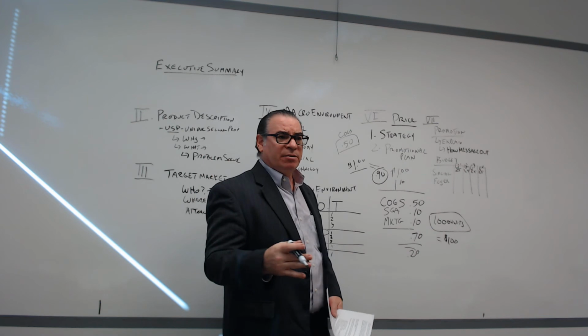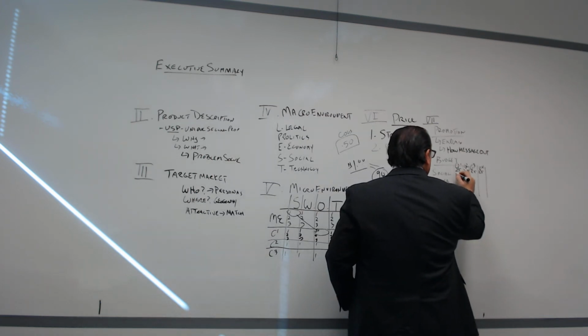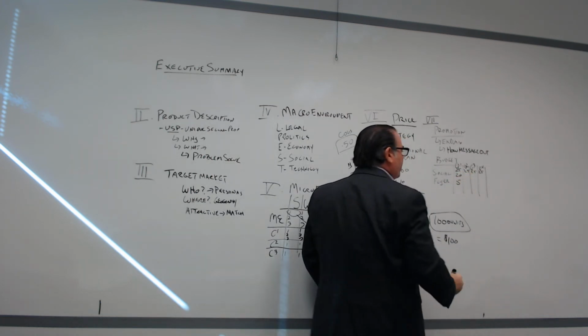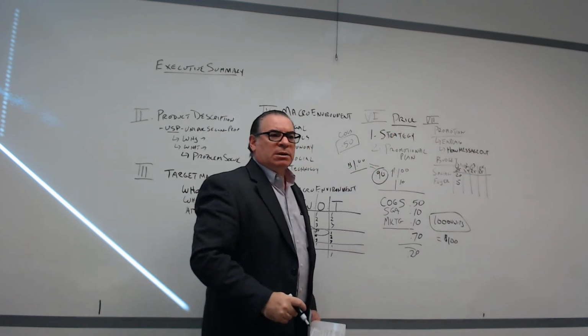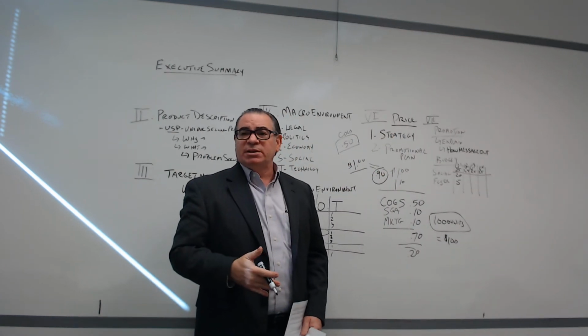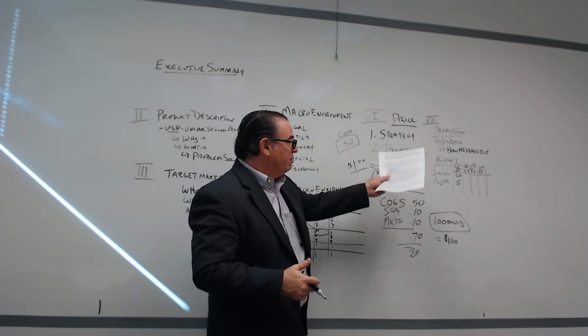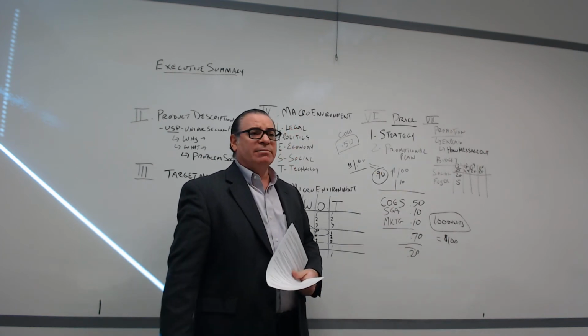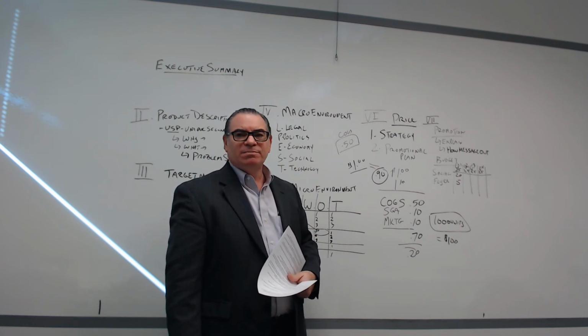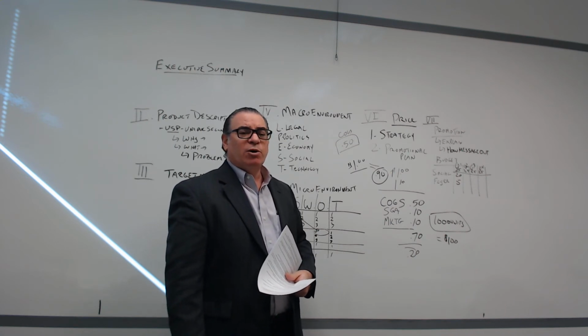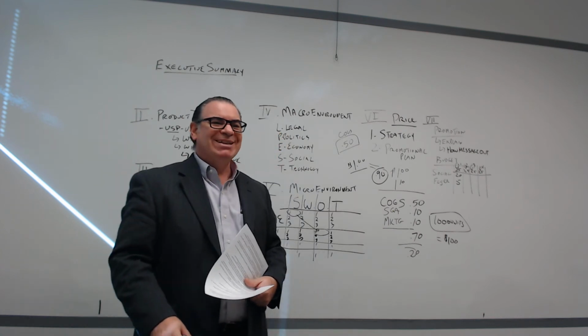That makes sense, right? So I'm spending $20 here and $5 there. Everybody see the math, how we're figuring this out? So that's your promotional budget. That's how you put together your promotional budget. You explain everything like that. Okay? Make sense? Any questions so far on where we are?